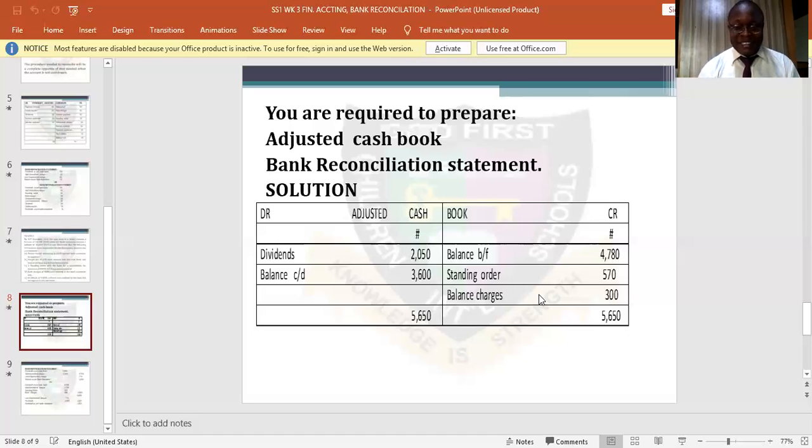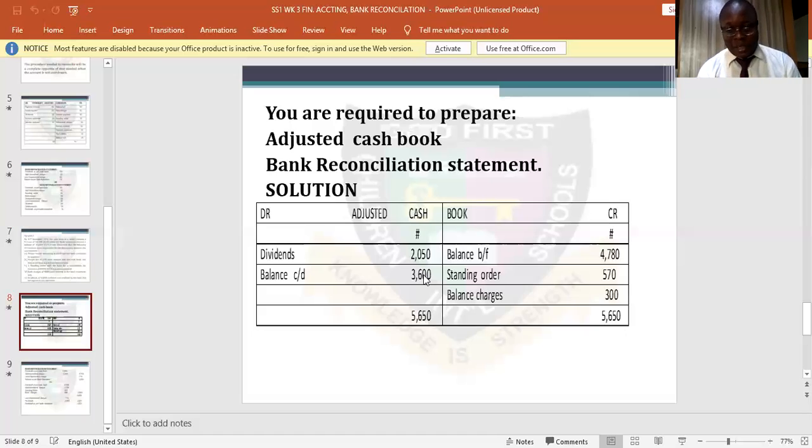Then the credit side total is 5,650 naira. By the time you subtract 2,050 naira from 5,650 naira, you are going to arrive at 3,600 naira. So 3,600 naira is our overdraft balance as the adjusted cash book balance.